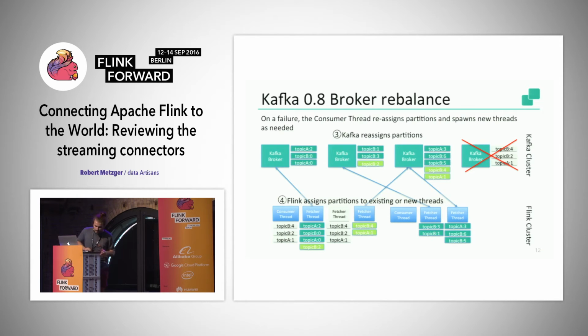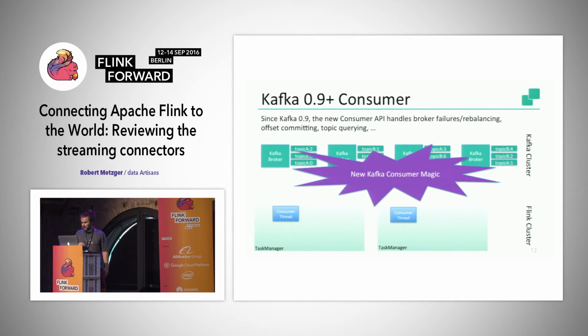So this might seem very complicated because it is. The basic idea you should get from this is that Flink reading from Kafka 0.8 is quite complicated because the Kafka APIs at that time were not really very nice to work with. Unfortunately, this has changed with the Kafka 0.9 consumer. With the Kafka 0.9 consumer, you have these brokers sitting up there.